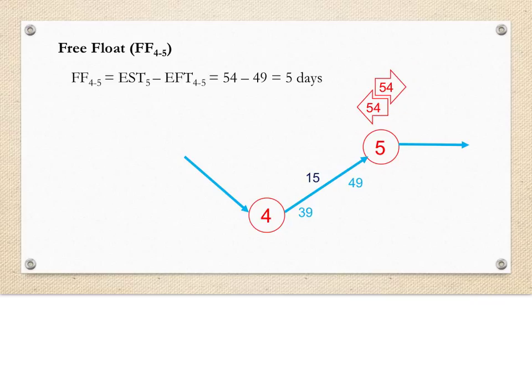But the preceding task, 4-5, which is the concrete testing, has an earliest finish time of 49 days. So we have a free float of 5 days between the end of one task and the start of another.